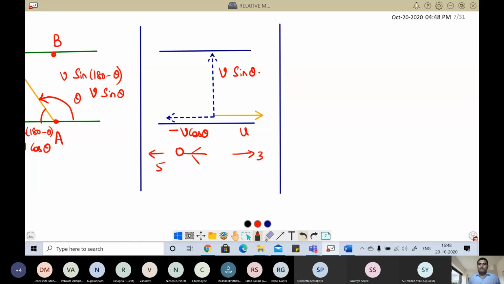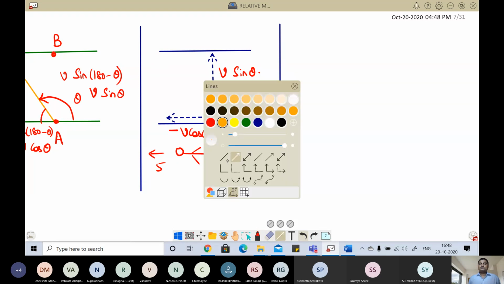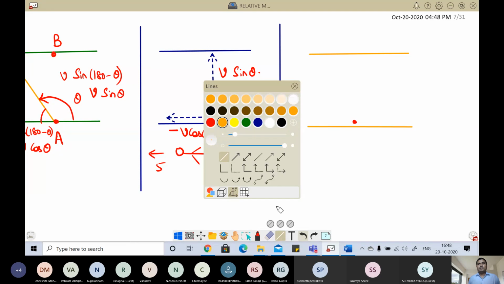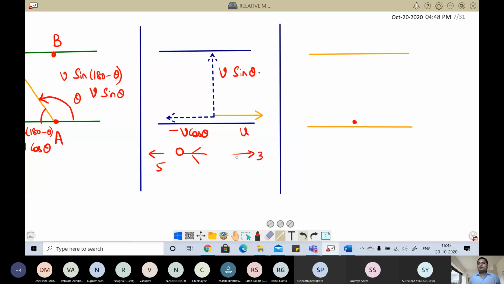Now we have to find out the net. So now we are going to combine. This is the final. Here I'll write this as U minus V cos theta. I don't know which one is more, so I'm just taking it as right side. That is net is U minus of minus V cos theta.